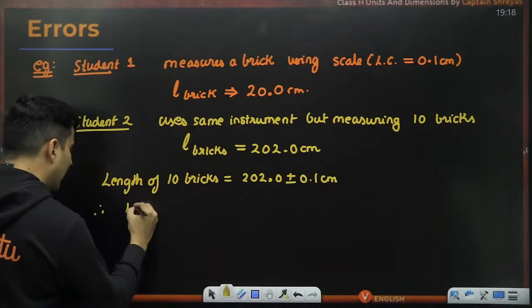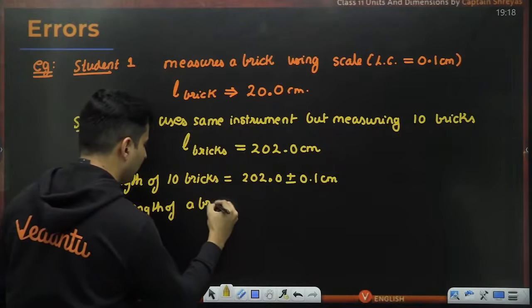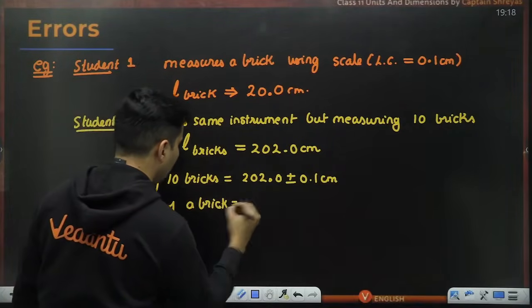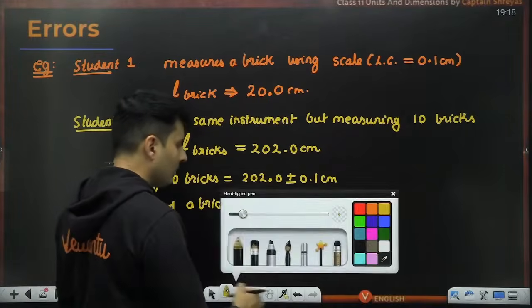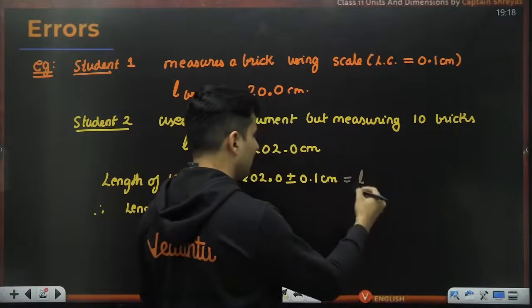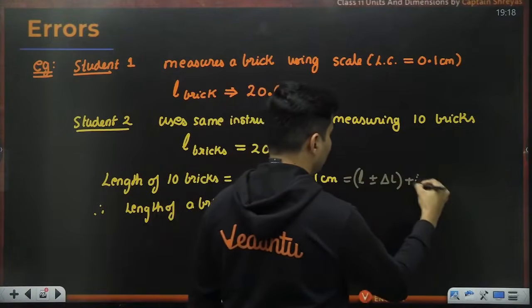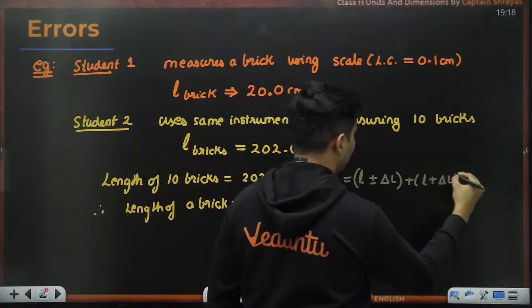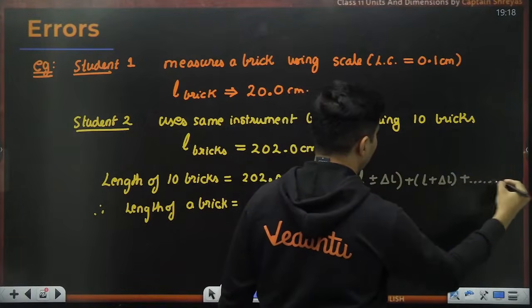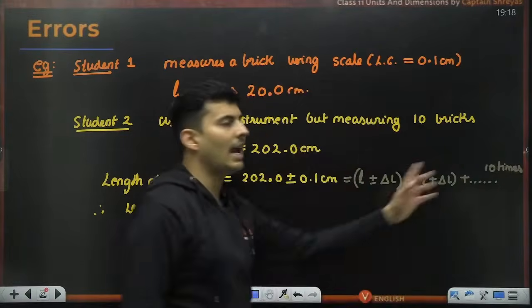Therefore, the length of a brick will be how much? Just think about it, because this will be length number 1, each length of a brick plus minus delta L. Then the length of the other brick plus minus delta L. All the bricks are identical. Like that, you will have it 10 times.